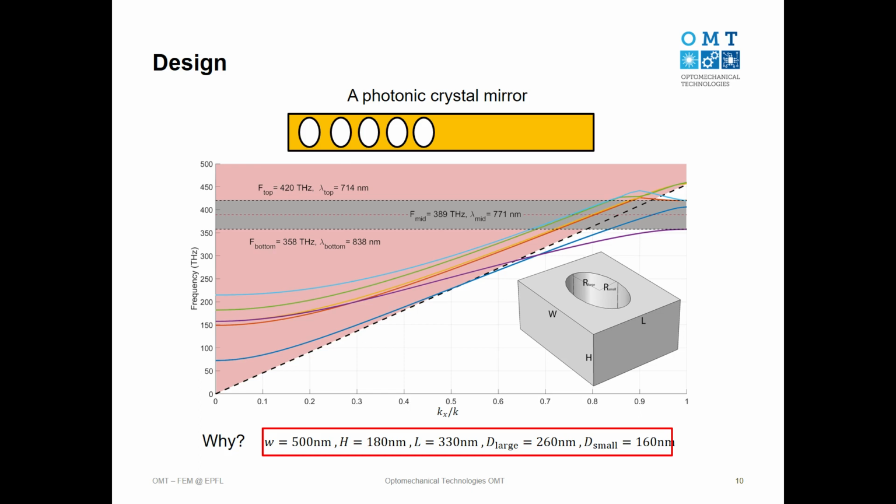There is a reason behind each number, except, for example, this one, the thickness of the film, which is initially fixed in my case, and the rest you can find out by simulation. If you want to discuss, we can discuss it afterwards during the breaks. But for now, we want to simulate the band diagram of a 3D photonic crystal for these parameters.